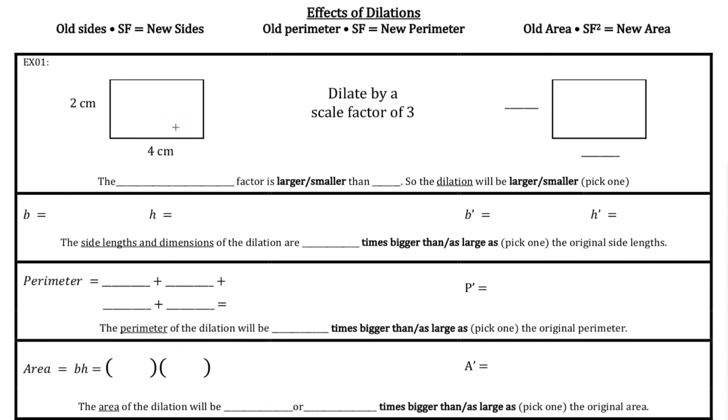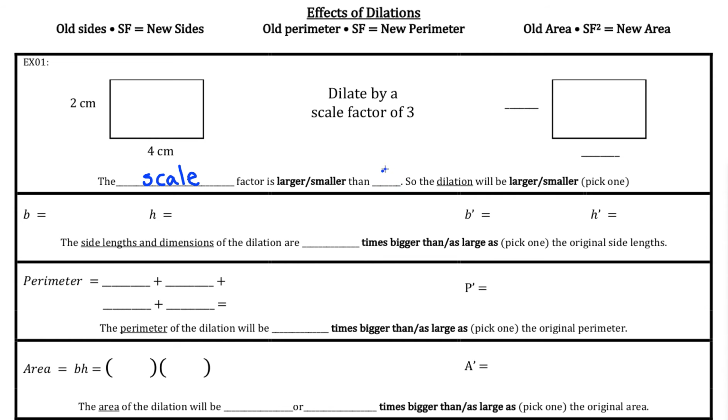So we have this rectangle right here. It is 4 centimeters by 2 centimeters. It will be dilated by a scale factor of 3. Let's see how the scale factor compares to 1.